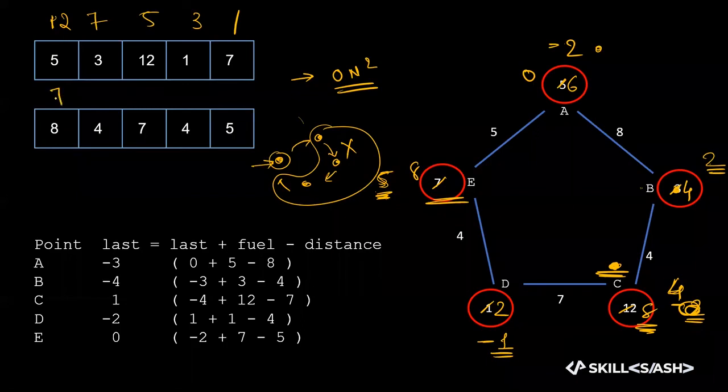I have 7 distance. Accordingly, distance also I'm sorting as an object, okay? And for the 7 liters of petrol, 5 distance, and 5 has 8 distance, 3 has 4 distance, and 1 has 4 distance. Finally, it will be the same. It's just a different order that you are trying to solve.